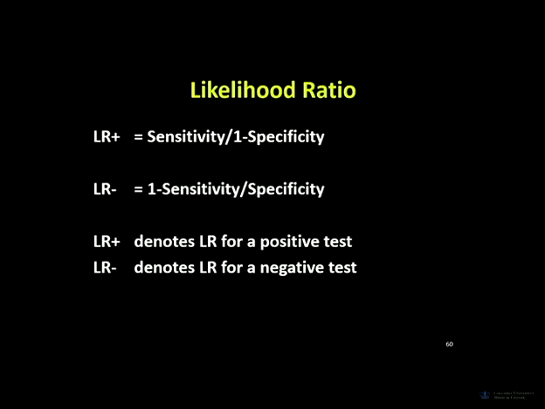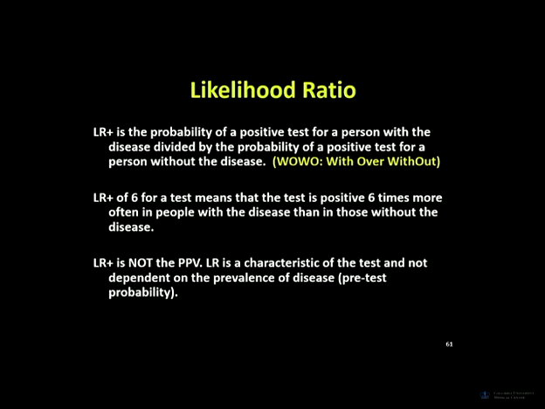So likelihood ratio positive is the sensitivity divided by 1 minus specificity. Likelihood ratio negative is the mirror image of that, 1 minus sensitivity over specificity. So this is the likelihood ratio for a positive versus a negative test.